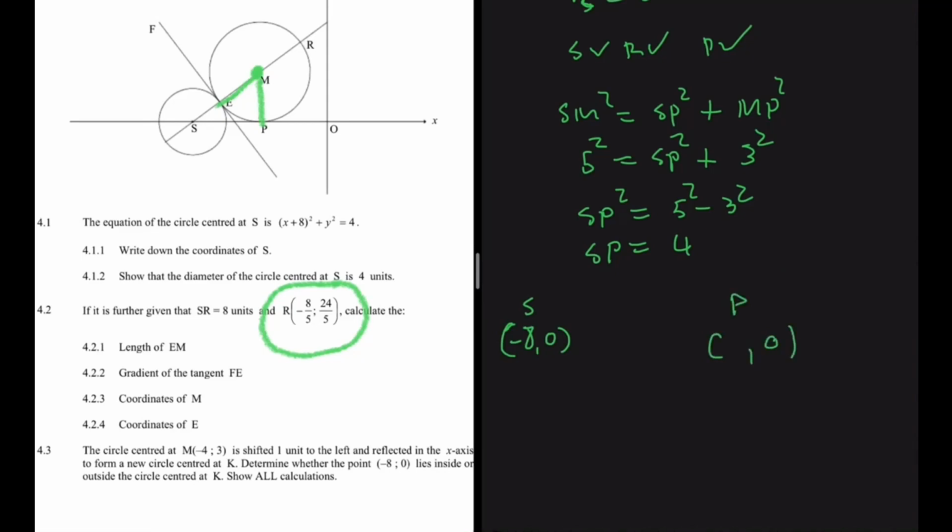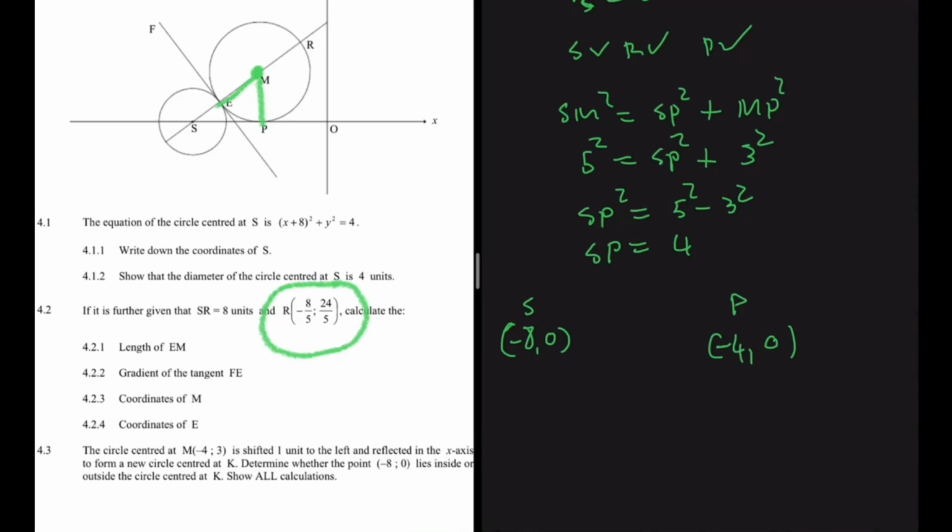But we know that from S to P is 4 units, right? So what can be the possible x value of P here? It should be clear that the only possible value of P such that SP is equal to 4 should be minus 4, right? The distance from S to P will be 4 if the x value of P is minus 4.